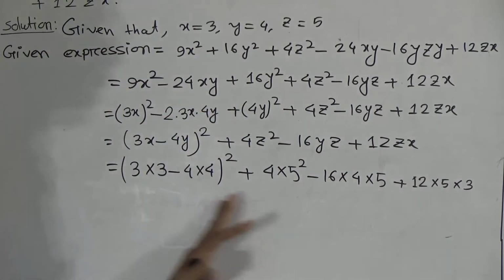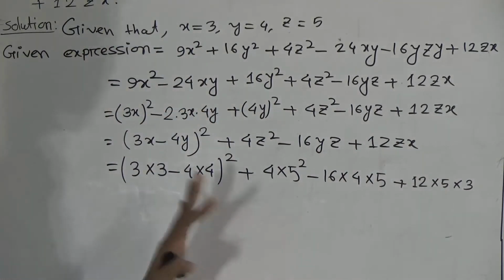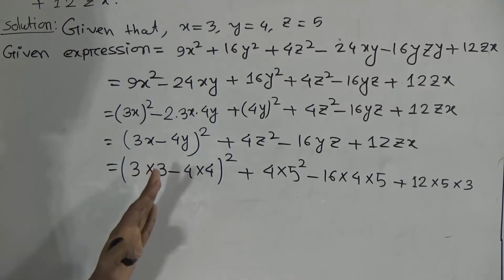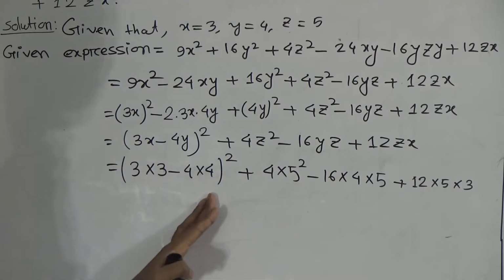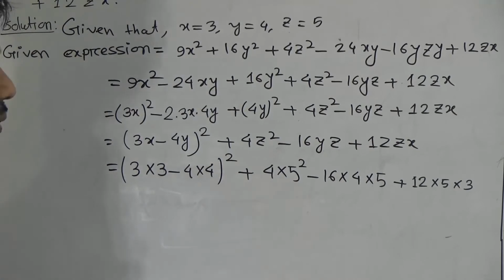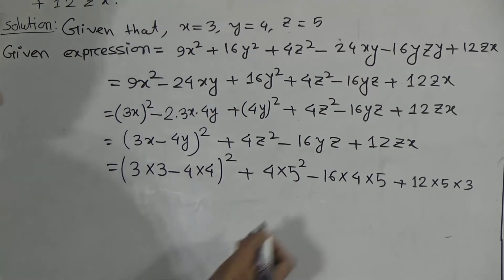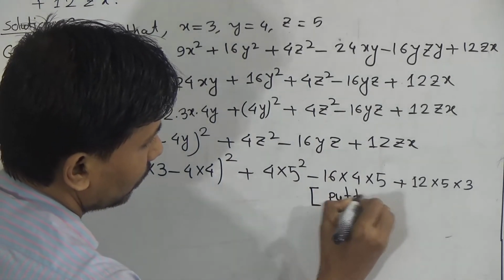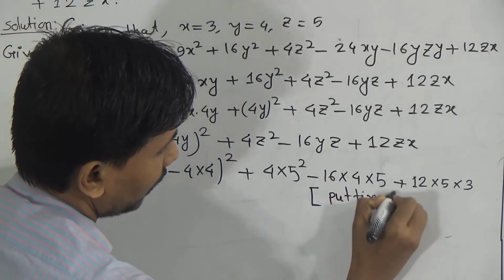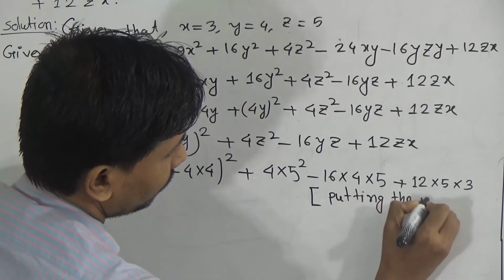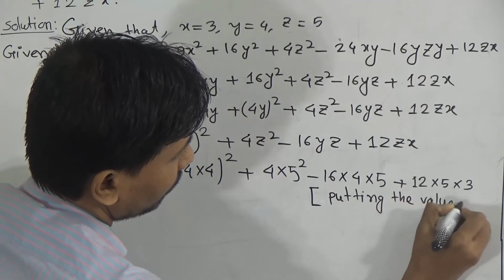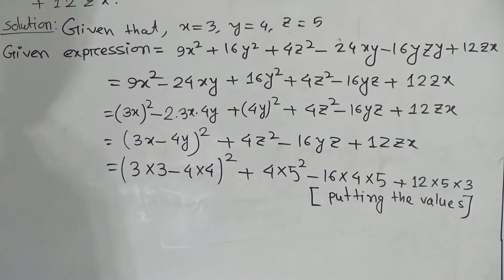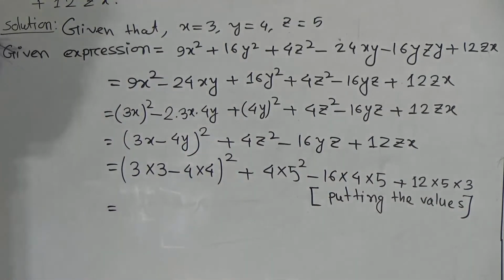I have put only the values here: x equals 3, y equals 4, z equals 5. Now we have to give a side note, putting the values. Now we have to calculate.